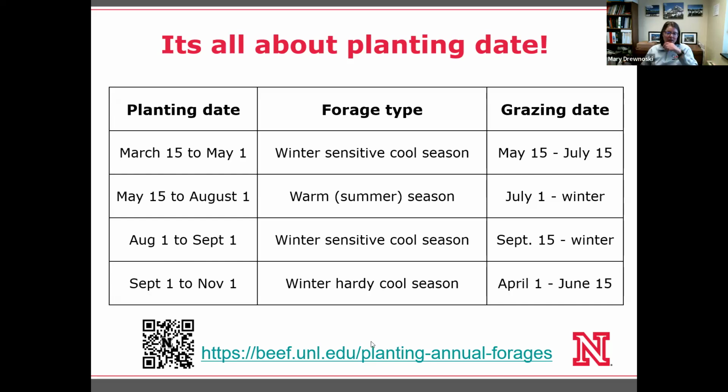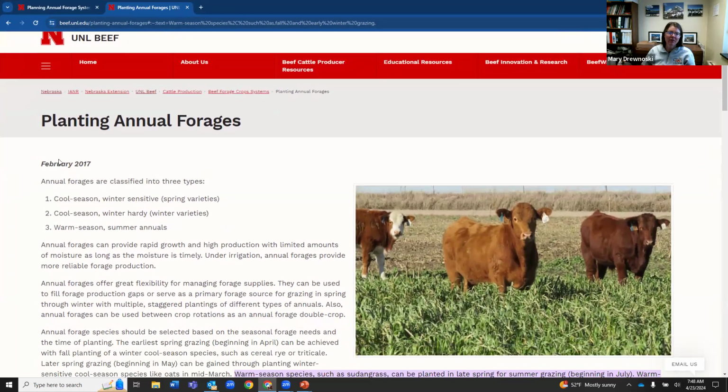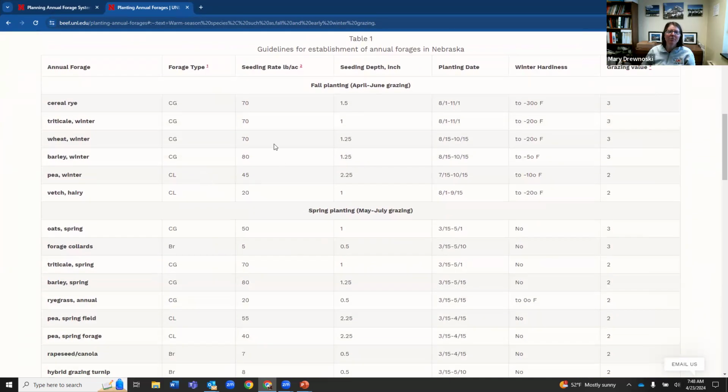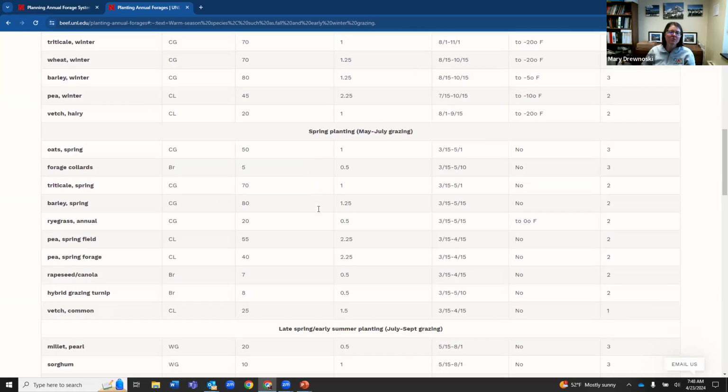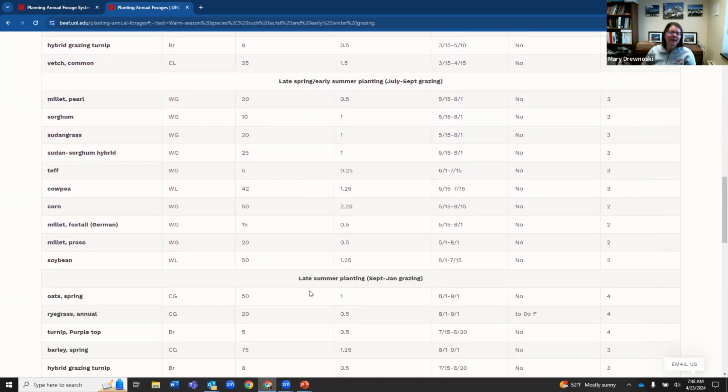So I wanted to talk just a minute about this guide. We have a planting annual forages guide that Jerry and I put together some years ago. But it is quite useful in that it provides you with the time frame for planting: fall, spring, late spring, early summer, and then late summer.